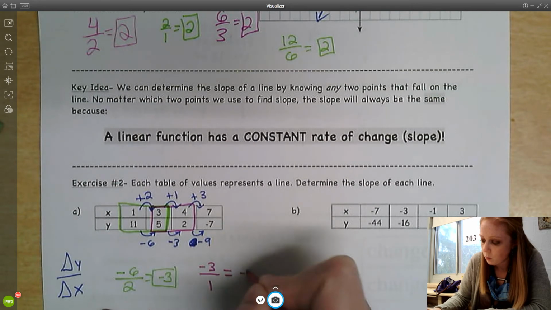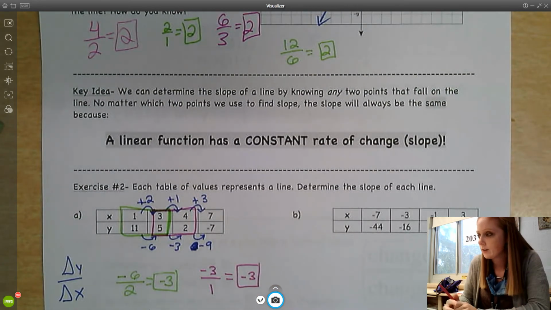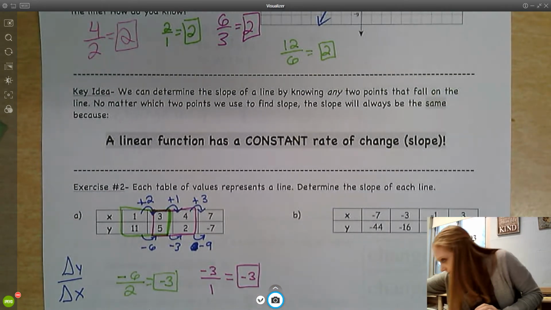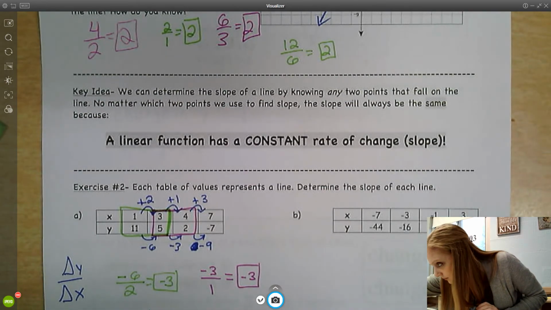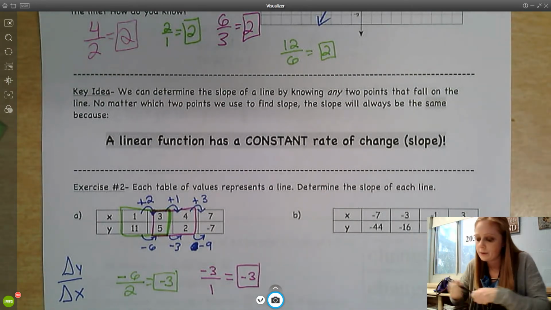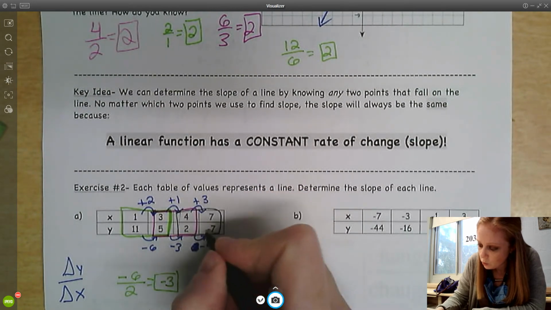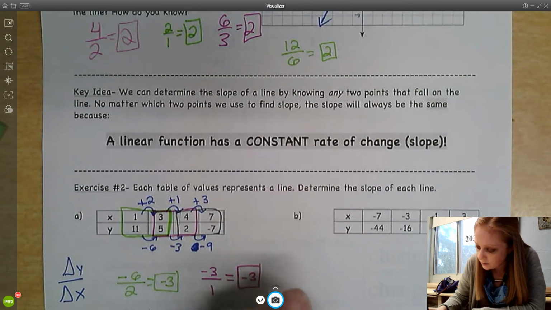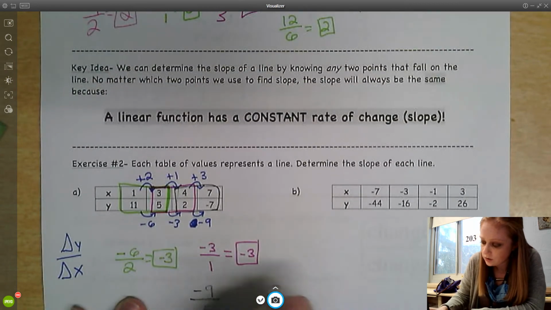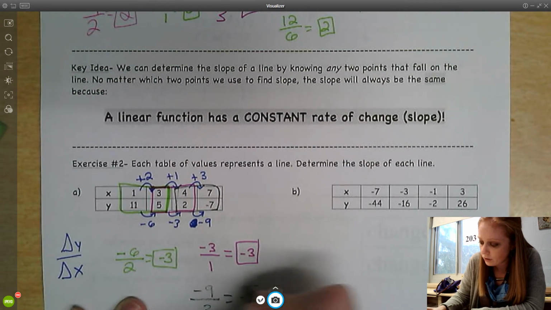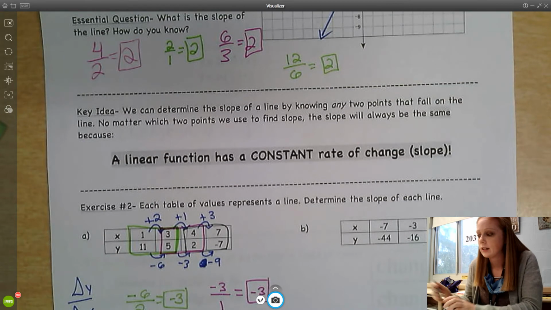Negative 3 divided by 1 is still negative 3. Just use black. These two, the change in y was negative 9. The change in x, 3. Negative 9 divided by 3 is still negative 3.